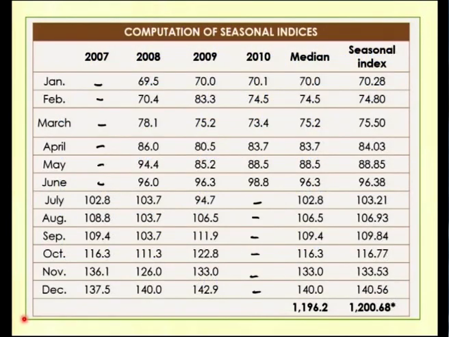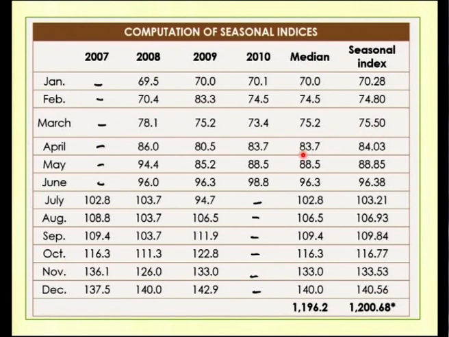So, 70.0 multiplied by 1.003 gives 70.28 as the adjusted seasonal value. Next, 74.5 is adjusted with 1.003 to 74.8, and similarly 75.2 is adjusted to 75.5.